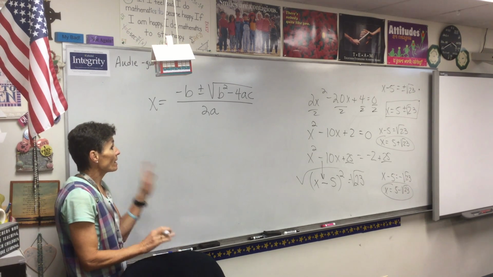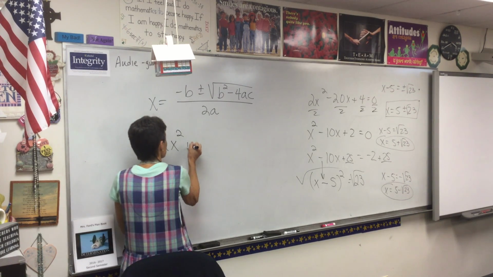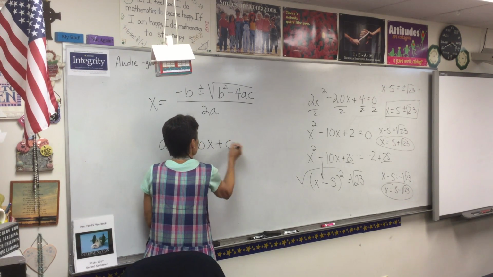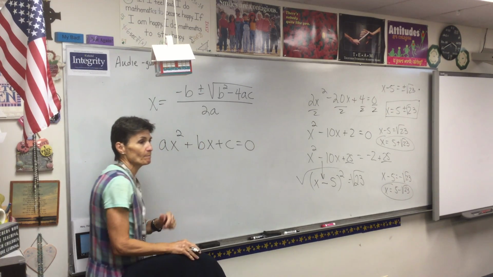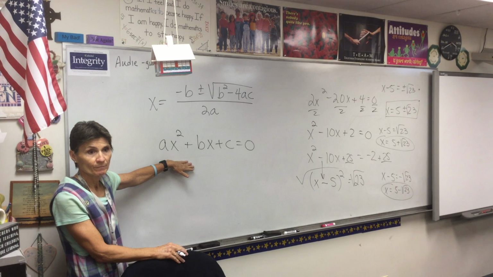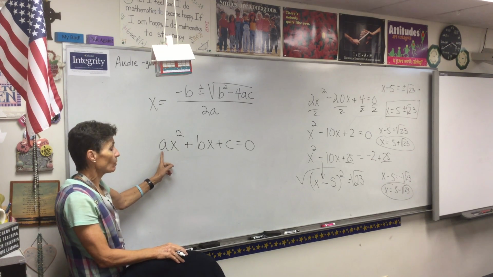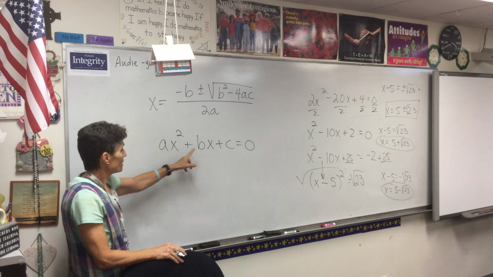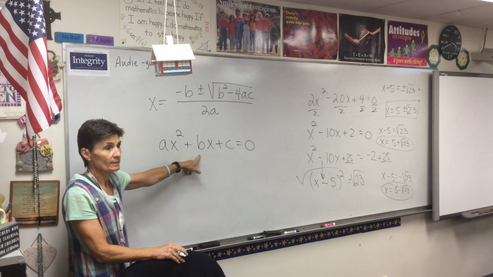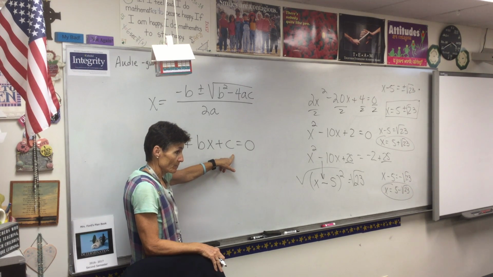And when we're using it, these a, b, and c are the numbers in your quadratic equation, right? This is the standard form of a quadratic equation. So a is the coefficient on x squared, b is the coefficient on x, and c is the plain number.